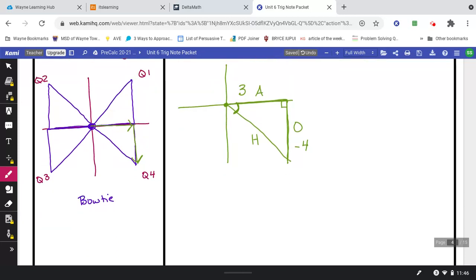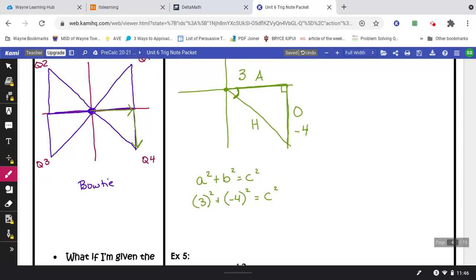So in order to do that, we'll need to do Pythagorean theorem. A squared plus b squared equals c squared. C is the hypotenuse. So I can do 3 squared plus -4 squared equals c squared. And my goal will be to find the hypotenuse. Make sure when you square that -4 that it does become a positive 16.